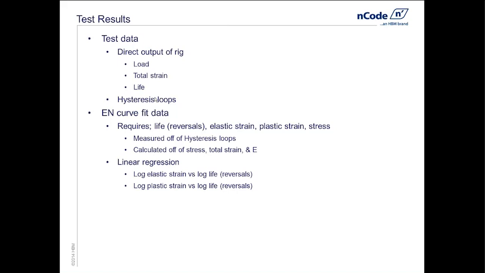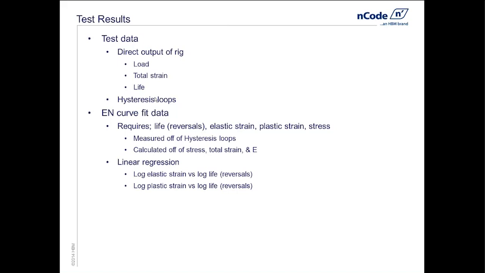I could synthesize that from load and total strain. If I know load, I know what the stress is in my part because I know the specimen geometry, so I can determine stress. And if I know stress and Young's modulus, I can get elastic strain that way. Or we could go off and get the elastic and plastic strain directly off the hysteresis loops.